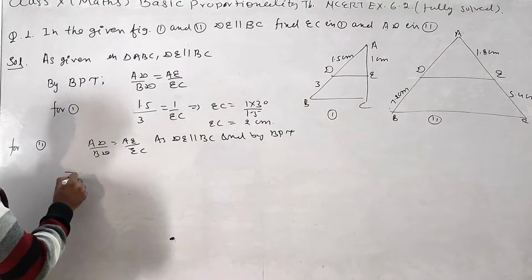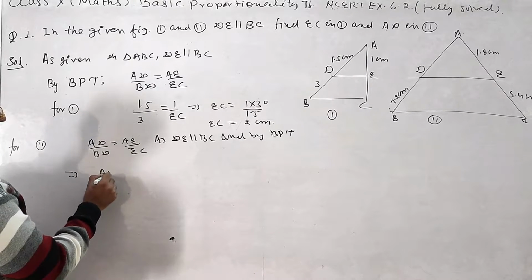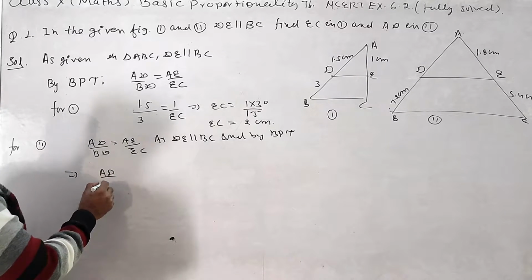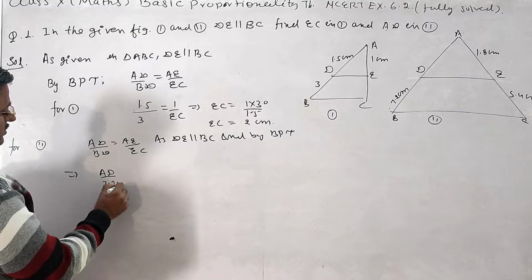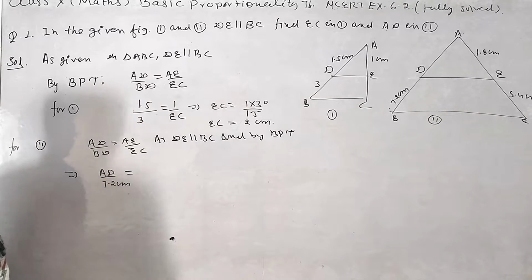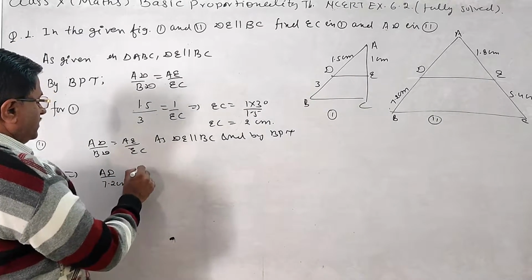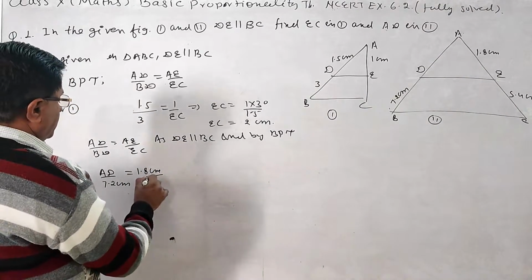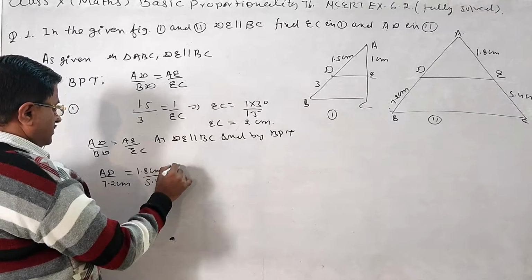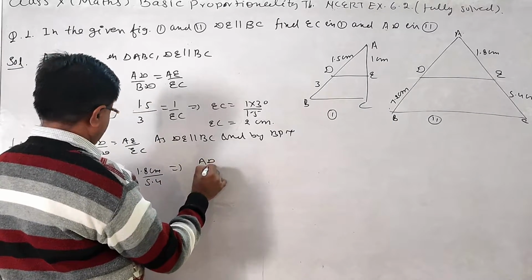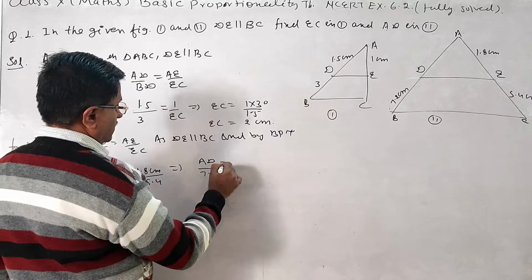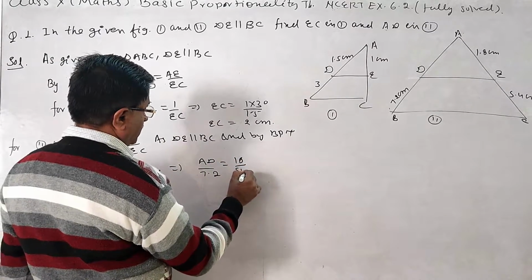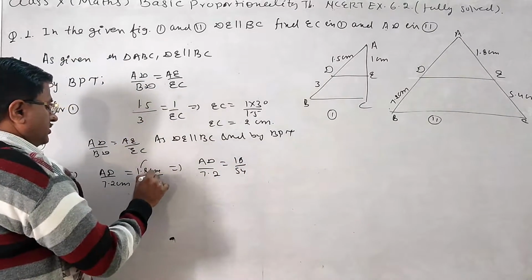Now put the values. AD we want to find. BD is given 7.2 centimeter, AE 1.8 and EC 5.4. So see here, AD upon 7.2 equals 1.8 upon 5.4. Remove the decimal point.